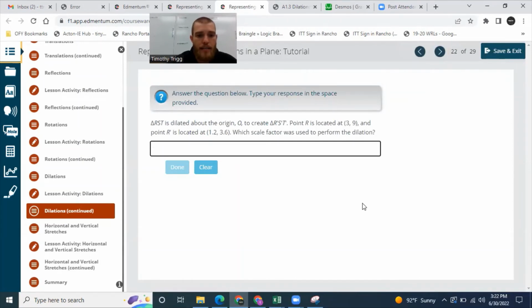Triangle RST is dilated about the origin to create triangle R prime, S prime, T prime. Point R is located at 3, 9, and R prime is located at 1.2, 3.6. Which scale factor is used to perform the dilation? So this one's a little bit tricky, but let me show you what they're talking about here.